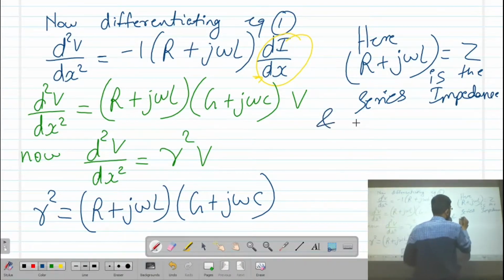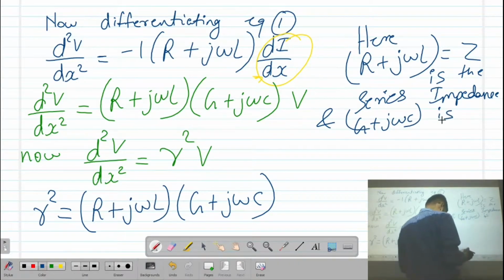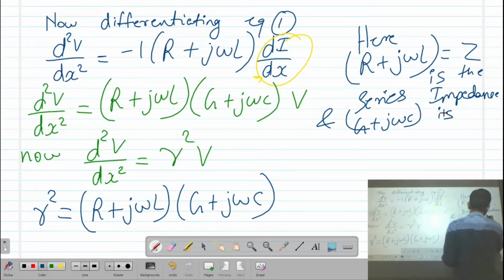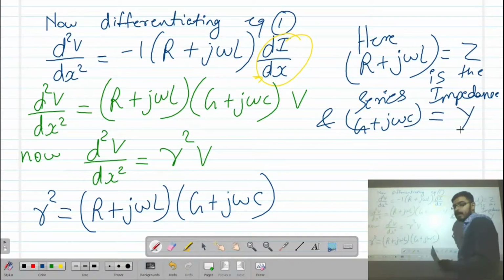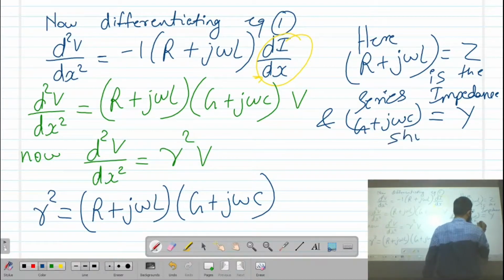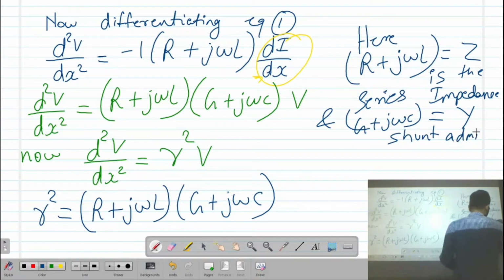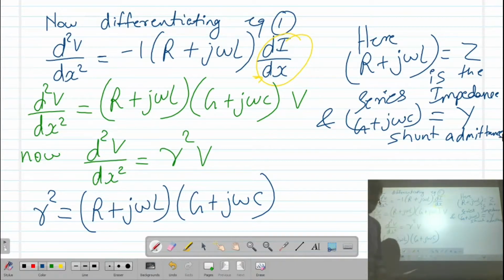And G plus j omega C is equals to Y, which is the shunt admittance, which is nothing but shunt admittance, right?